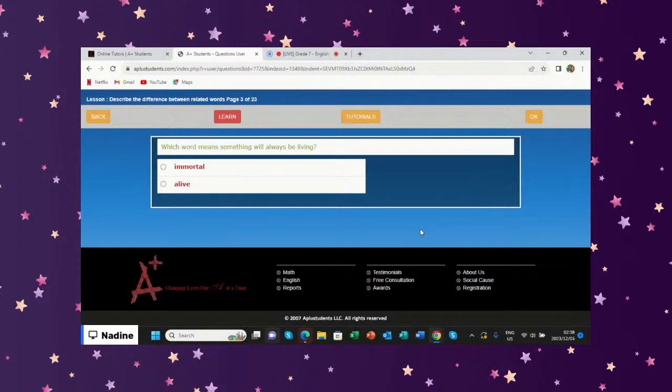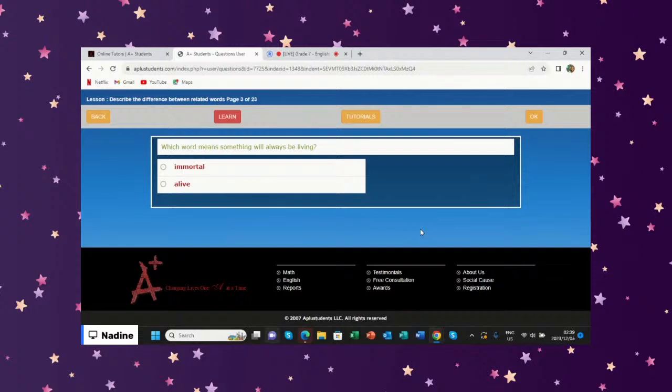And if we look at the difference between immortal and alive, immortal is something that's living forever. It's never dying, it's never decaying. And alive, it's basically you're alive for a few years. We have a heartbeat, we can do things, we are alive, we are living.